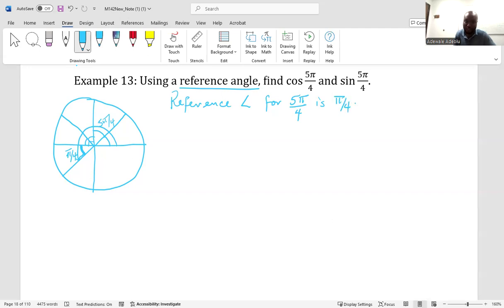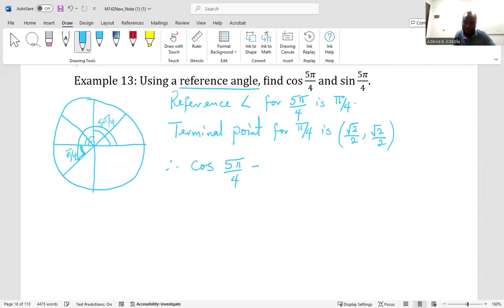We know that. Now, the terminal point, or the coordinates, the terminal point for that reference angle pi over 4 is, you should know this also by now, root 2 over 2, comma root 2 over 2. Therefore, we can find cosine of 5 pi over 4, and we can find sine of 5 pi over 4.